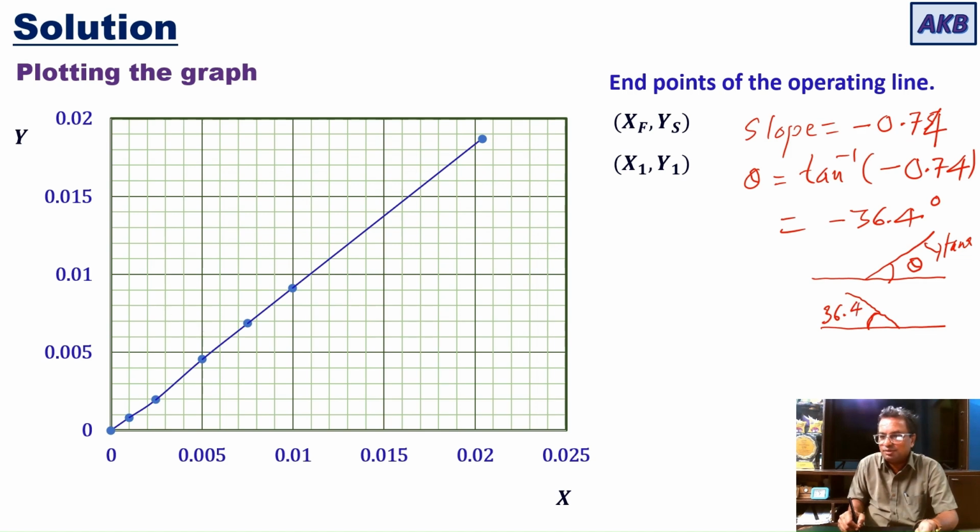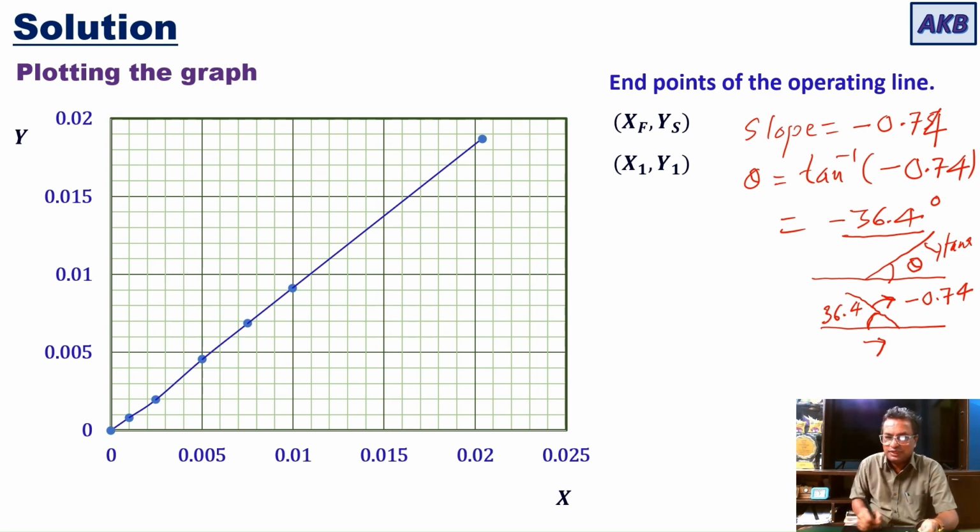Since you are measuring it in this direction, it is minus 36.4. So a line drawn with an angle of 36.4 with the horizontal in this way would be the desired operating line. So slope will be minus 0.74. Okay, so the task is to plot this operating line.